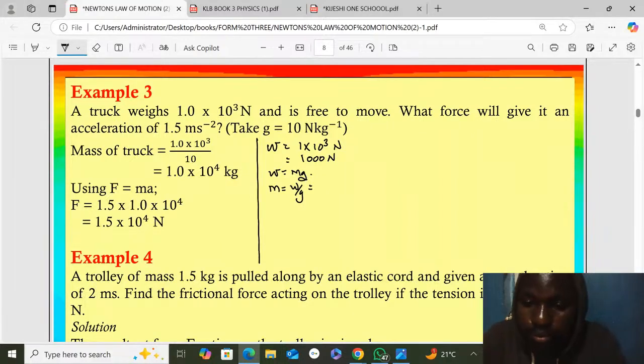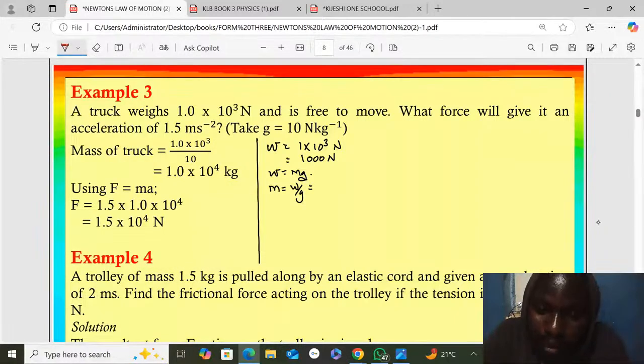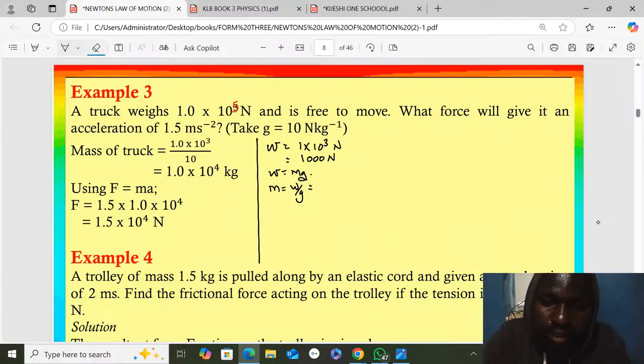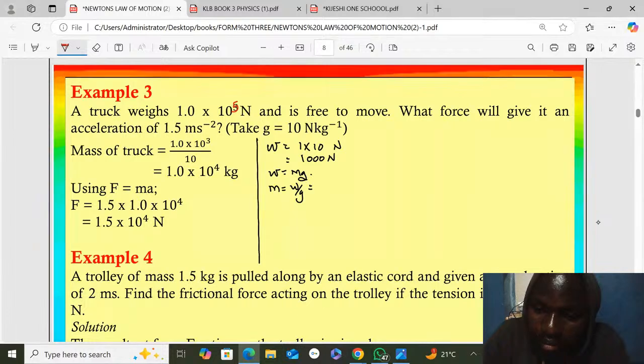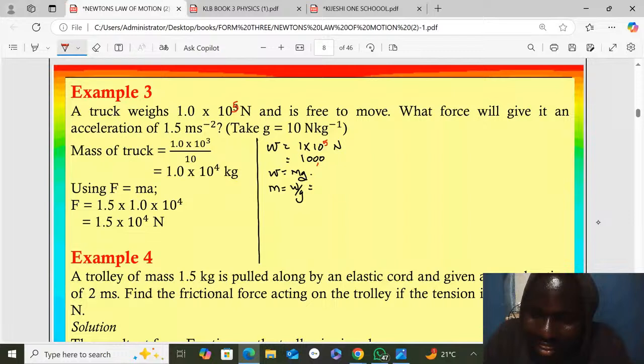This was supposed to be power 5, so that this one becomes 100,000 newtons.